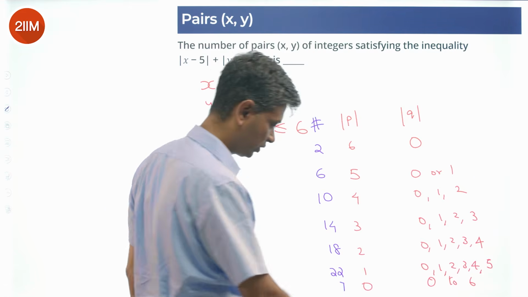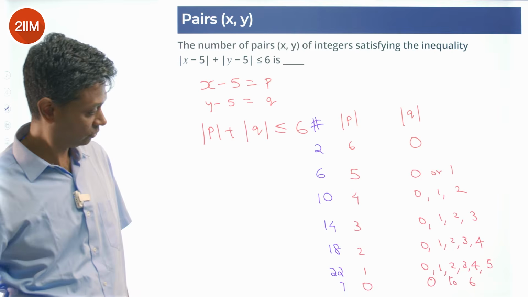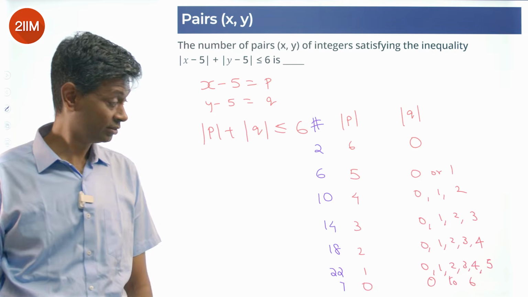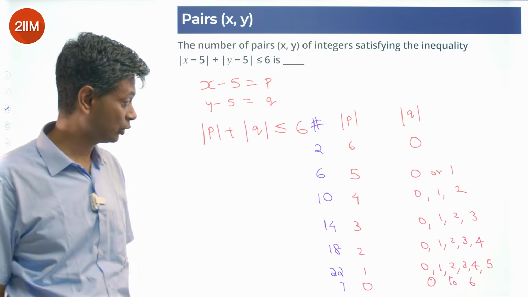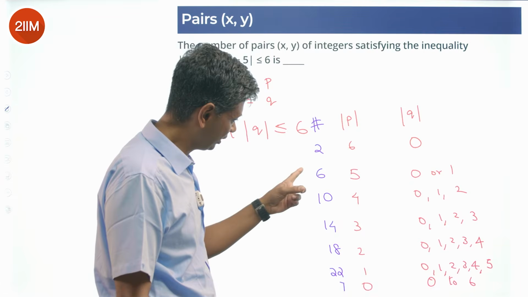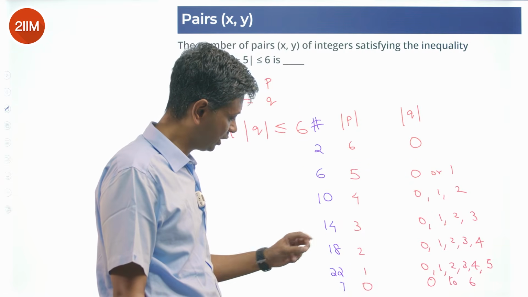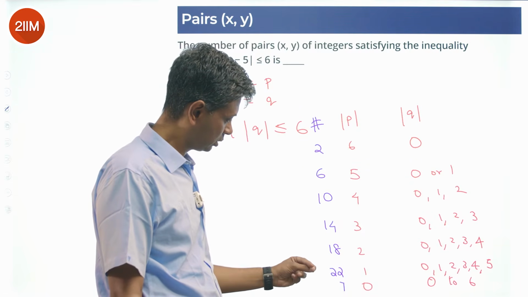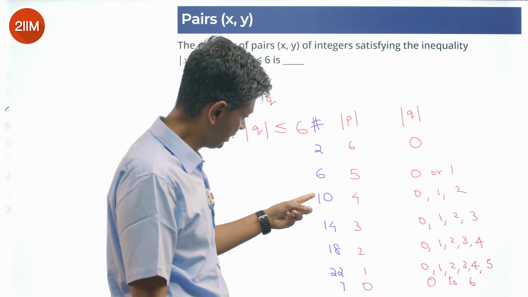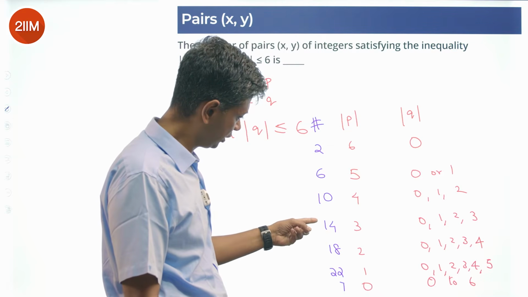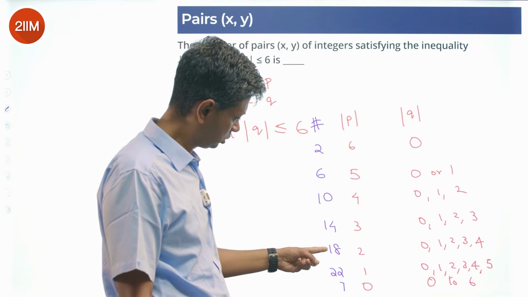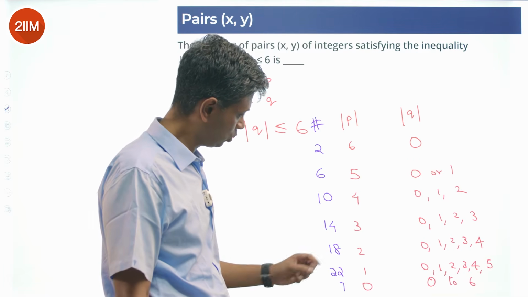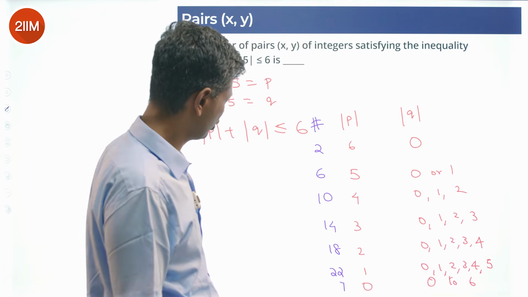And 0 to 6 is 1 into 7, 7. Only one value for P, 7 values for Q. Add all this up: 2 plus 6, 8, 18, 32, 50, 72, 79. Let me just think about this.